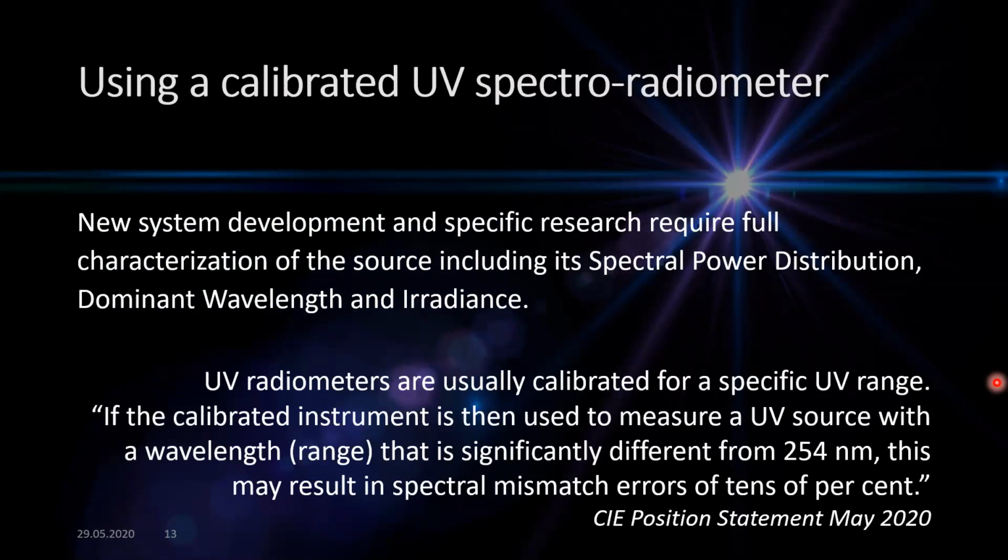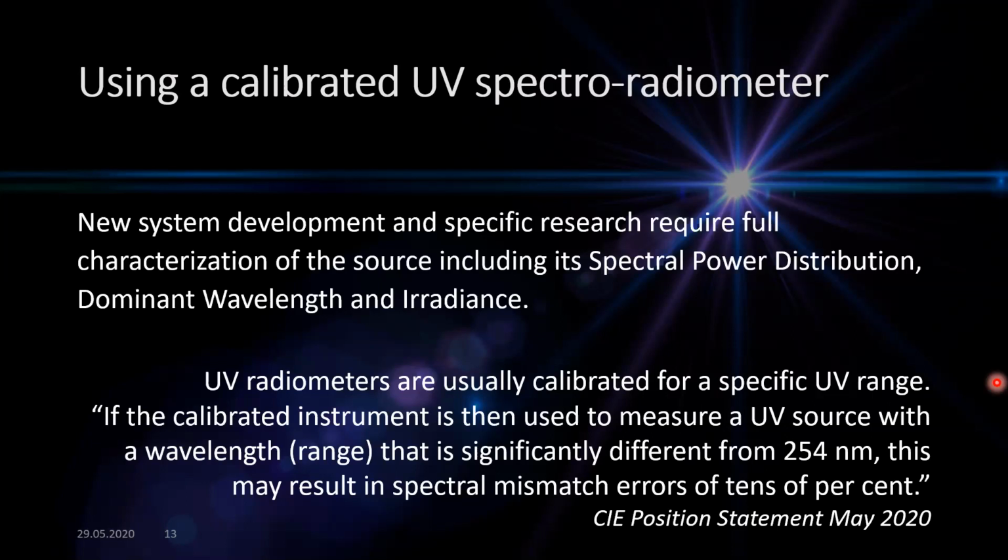In the position statement that was published by the CAE, I can read a section on the measurement. The CAE clearly indicates that the irradiance radiometers can be used for UV measurements, but at the same time, they may suffer from so-called spectral mismatch errors.